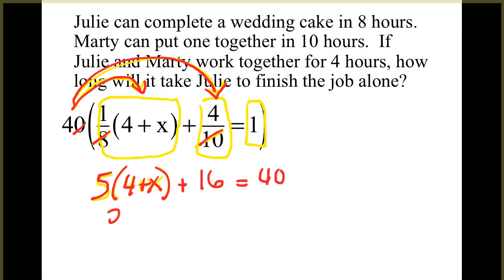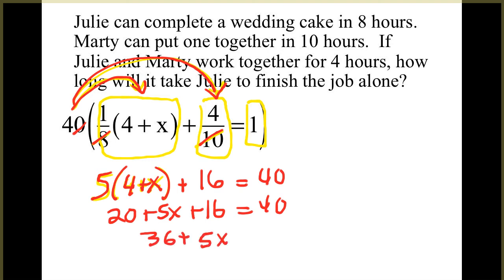Now I distribute, I get 20 plus 5x plus 16 equals 40. 5x plus 36 equals 40. Subtract 36, and we're left with 5x is equal to 4.